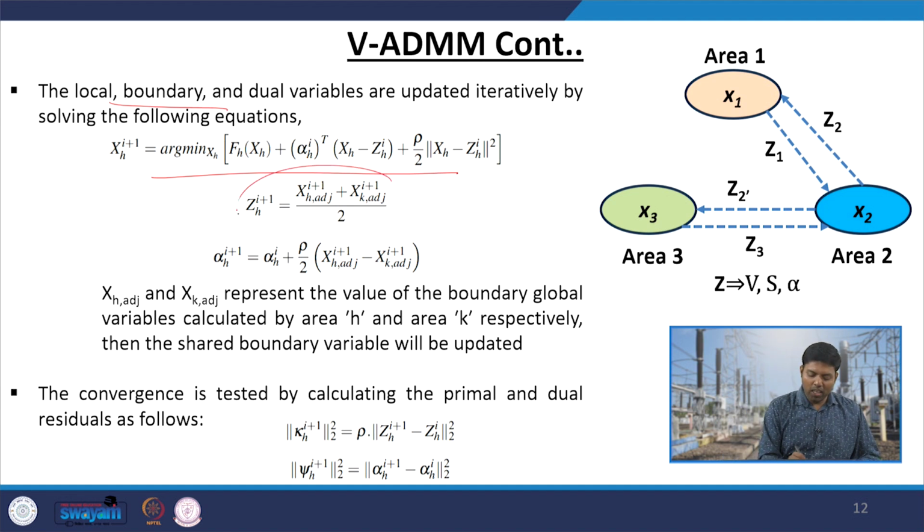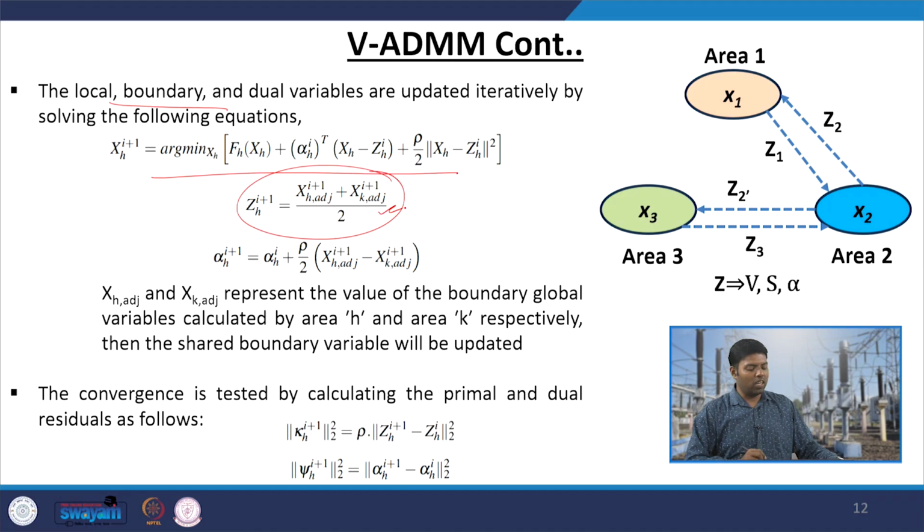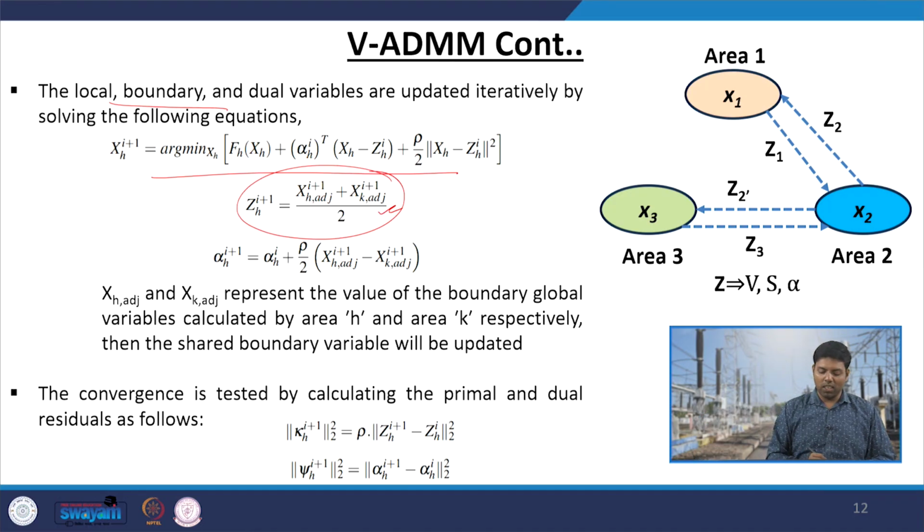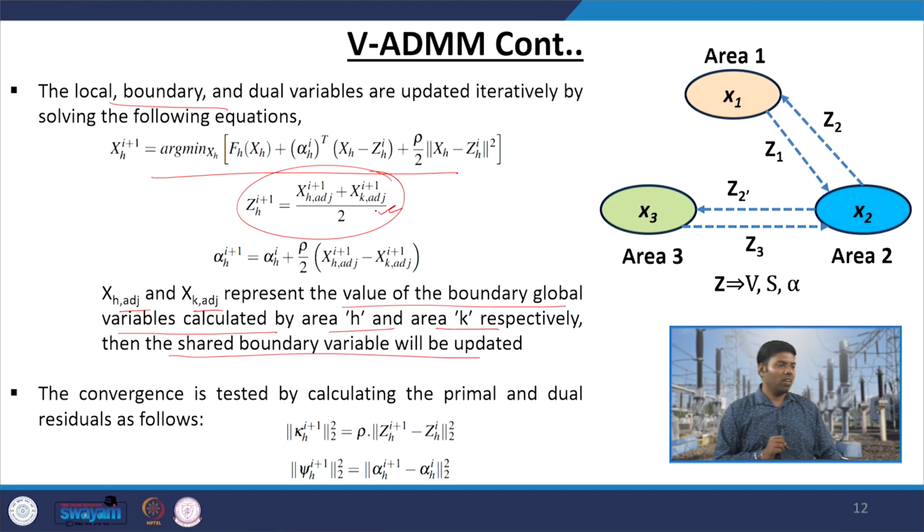Then you will update your global value by seeing which data your adjacent areas are sharing. That means, if you have two adjacent areas, h and k represent the values of the boundary variables calculated by area h and area k respectively, then the shared boundary variable will be updated by the average. This is strictly for your radial distribution network, because in a radial distribution network one area can have a maximum of two neighboring areas.